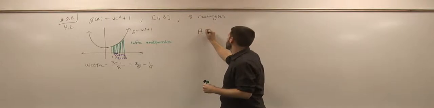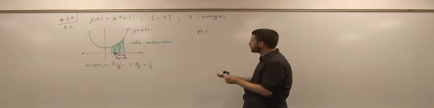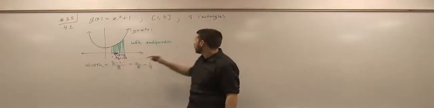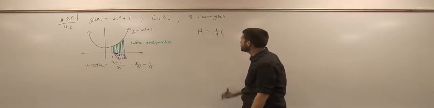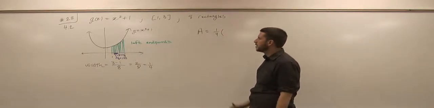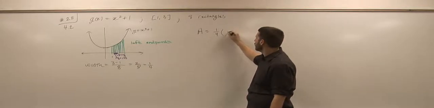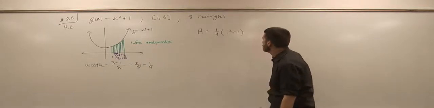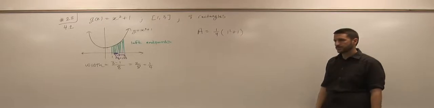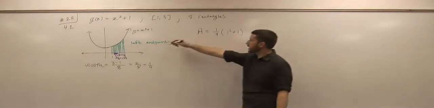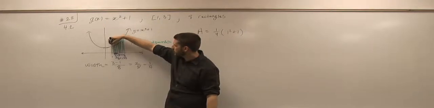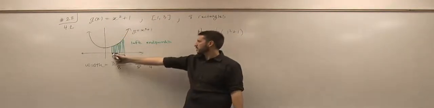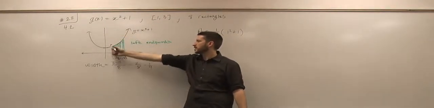So your area will be equal to the width of the first rectangle, which is 1/4, times the height of the first rectangle, which is going to be 1 squared plus 1. For the first rectangle, left endpoint means I go up on the left of the rectangle, which is at 1.